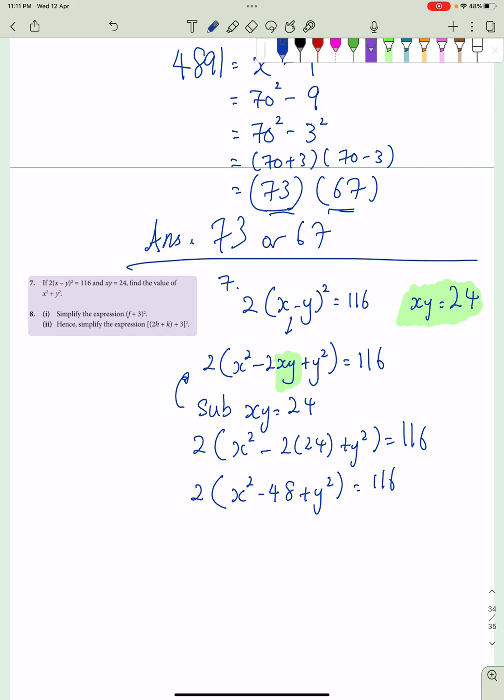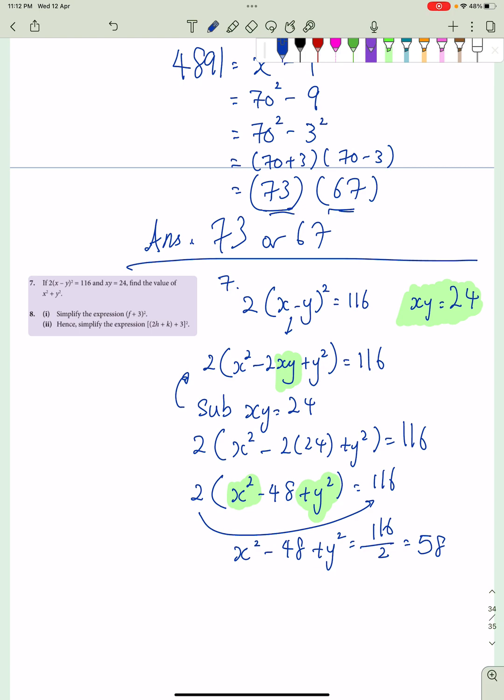Now, notice that they want to find just my x squared and y squared, right? So I don't want the rest actually. So I could bring the 2 over and then divide. So 116 divided by 2 will give you 58.